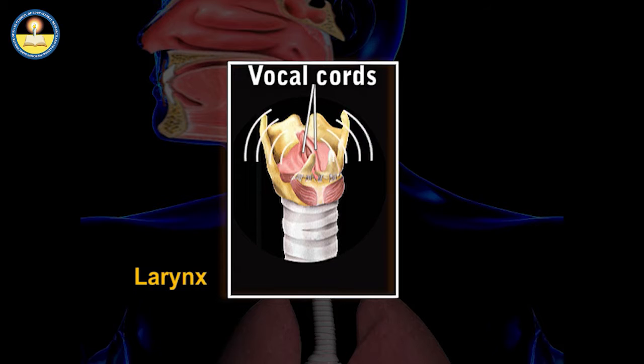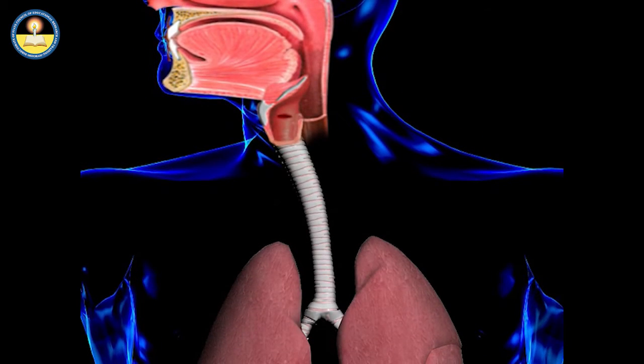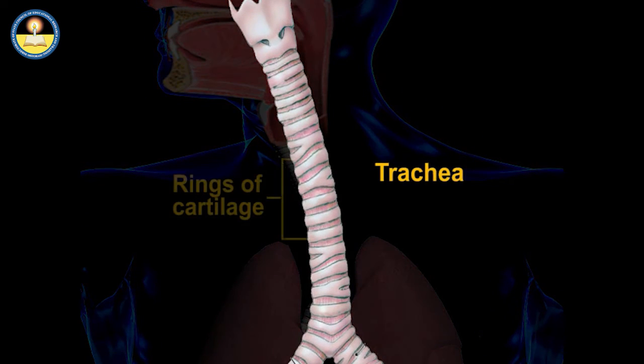The vocal cords vibrate to produce sounds which result in speech. The trachea or windpipe is made up of muscles and elastic fibers with rings of cartilage. The cartilage prevents the tube of the trachea from collapsing.